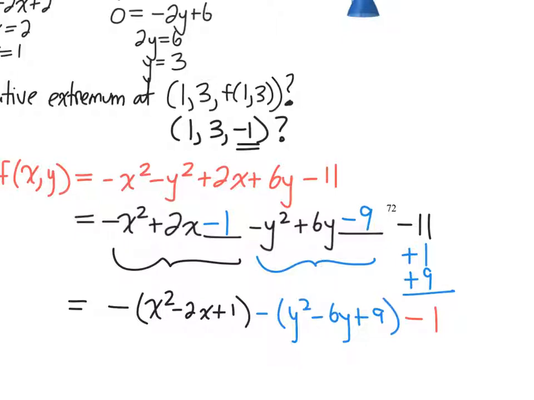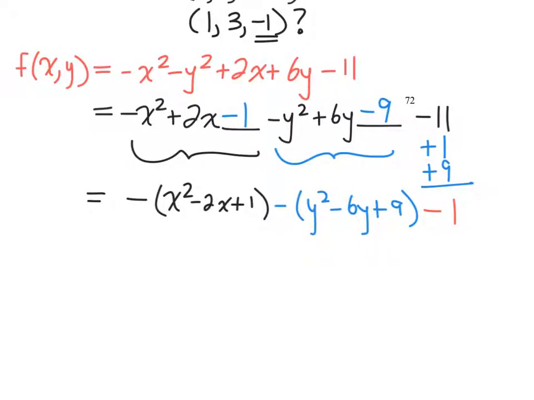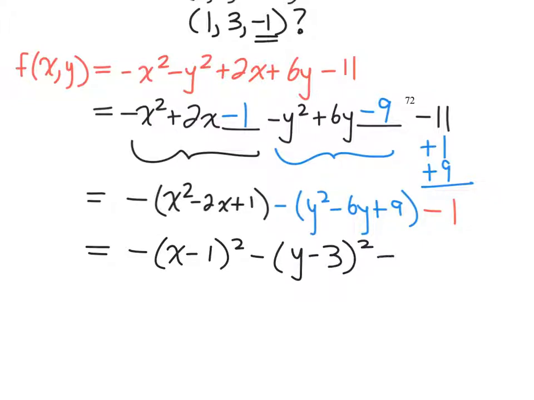All right, so it's like, all right, what's the benefit of all this? All right, just stay with me. Negative x minus 1 squared minus y minus 3 squared minus 1. All right, this is actually the justification for why -1 is the largest z value.